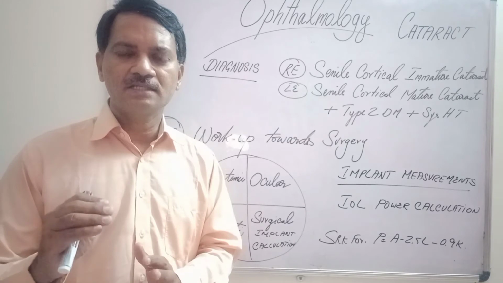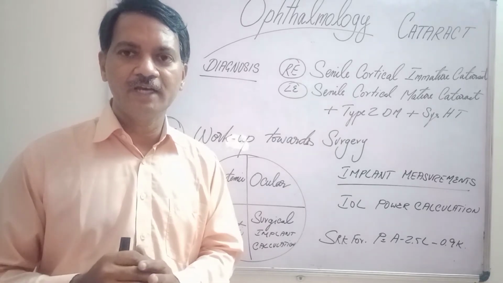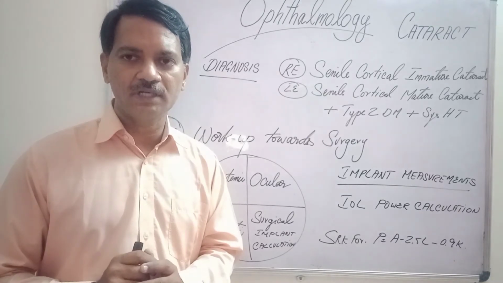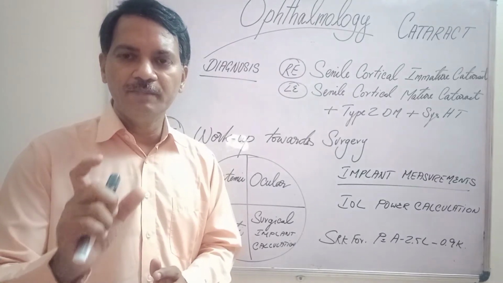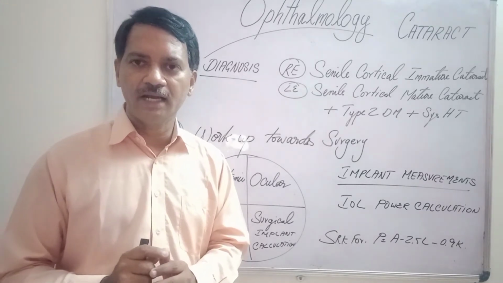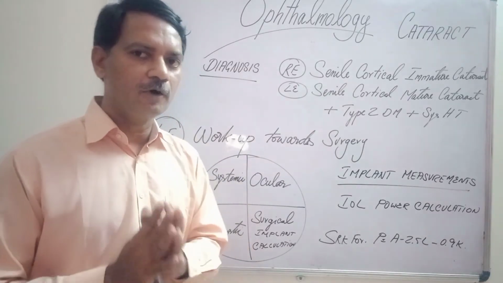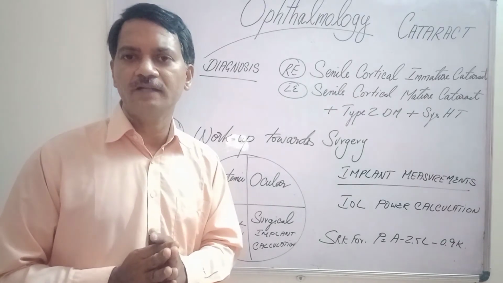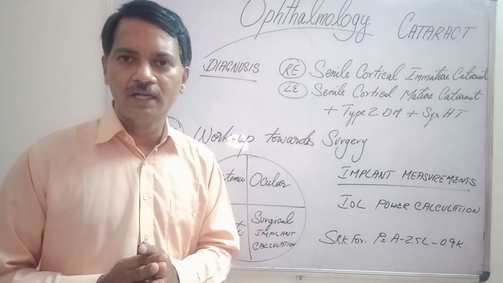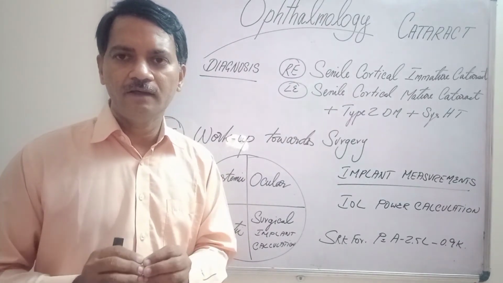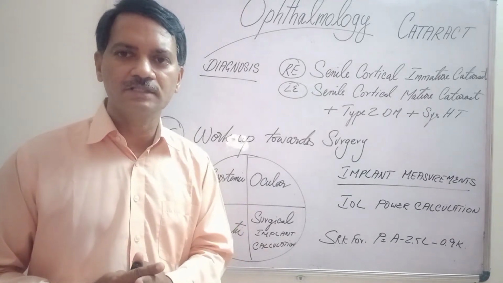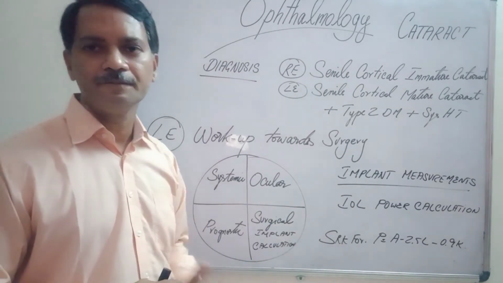It is not just placing an intraocular lens, we have to place the exact power that is needed for that particular eye to give back a good vision. For that, we have to calculate the power of the IOL. There are so many formulas to calculate the power of the IOL, but the common formula we use and all the undergraduate students are fond of is the SRK formula.